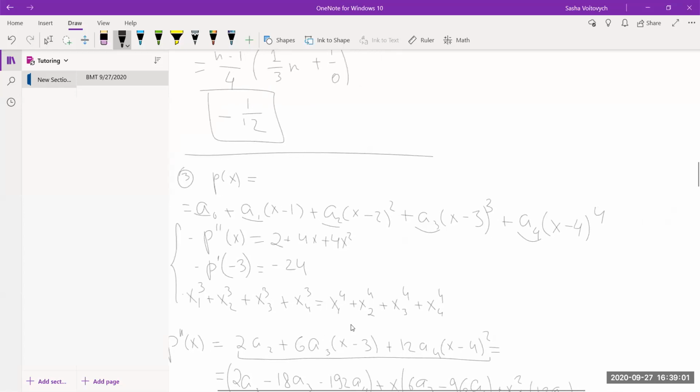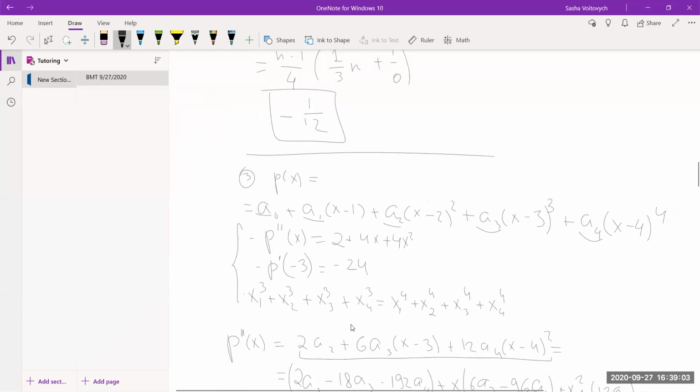is try expressing p(x) in the form of (x minus a4)(x minus x1)(x minus x2)(x minus x3)(x minus x4).